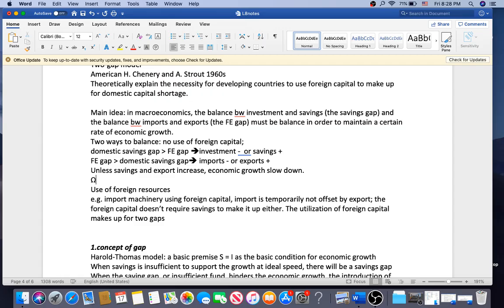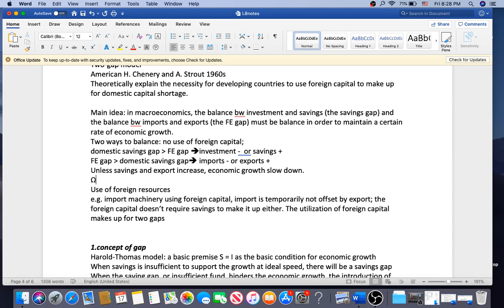That means there is some ceiling to reach after a certain amount. They cannot increase unlimitedly in a developing country. That's why the utilization of the foreign capital is very important, because all those capitals will be repaid. They should cost something, not costless.